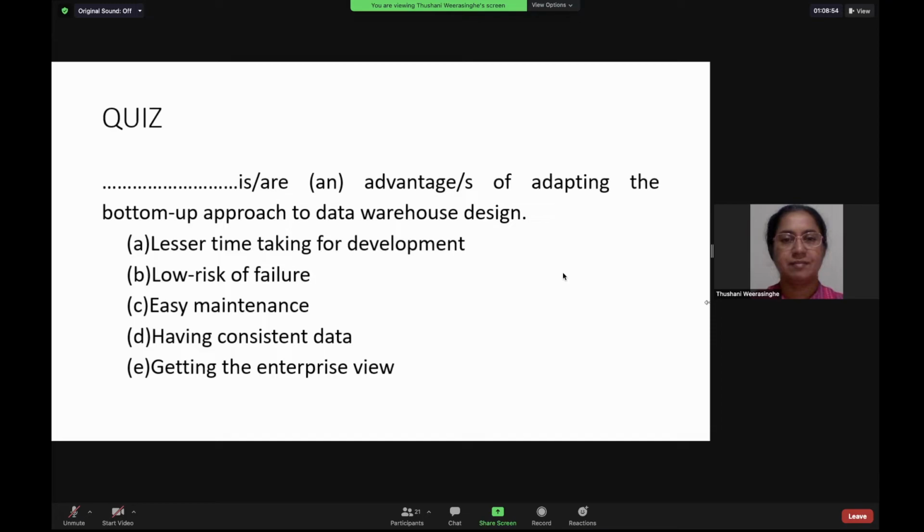And then you have B. Okay, we'll see. This is wrong. Yes, you can't get an enterprise view, because you have only a particular data mart first, and then you have the data warehouse next.